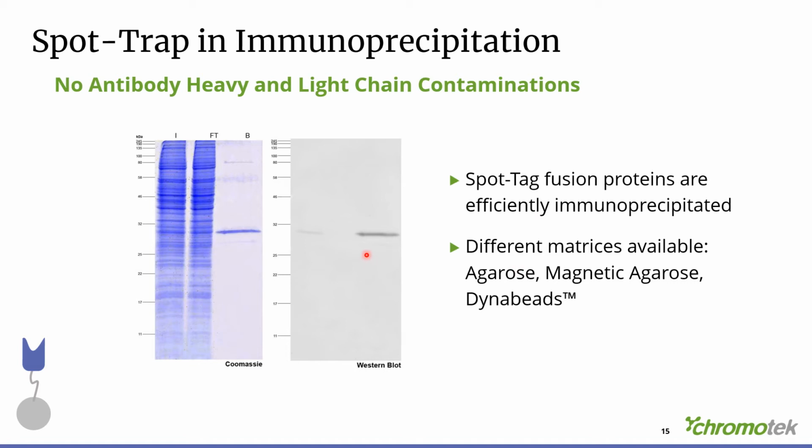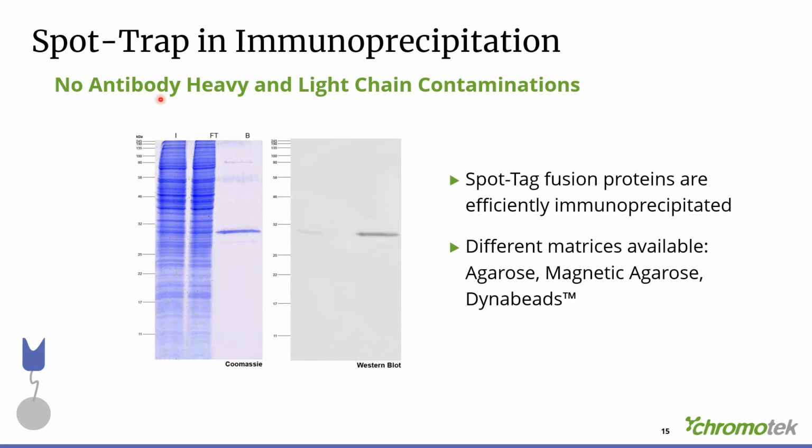This shows that very effective immunoprecipitations are possible, and what's also very important is that we offer a variety of matrices, so the Spot nanobody, the Spot-Trap if you like, can be ordered as agarose, magnetic agarose, or Dynabeads.